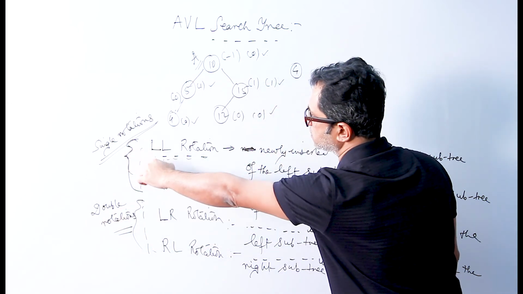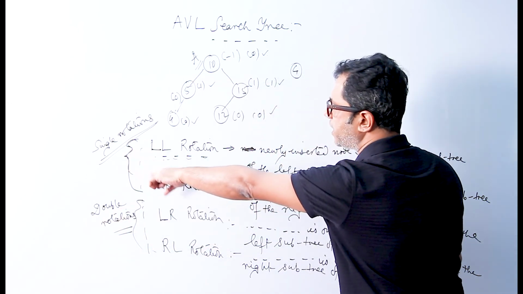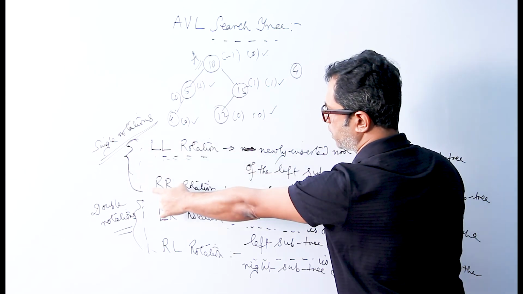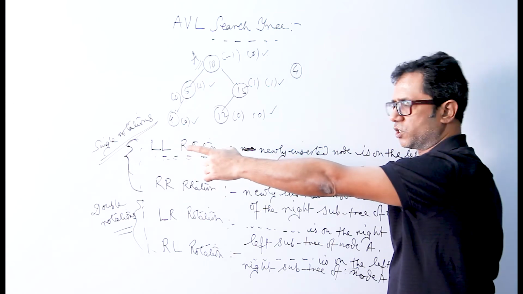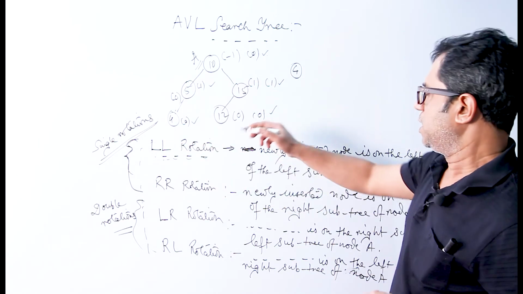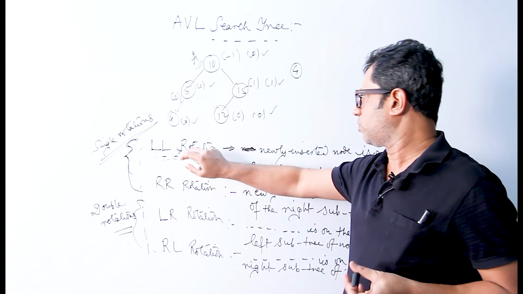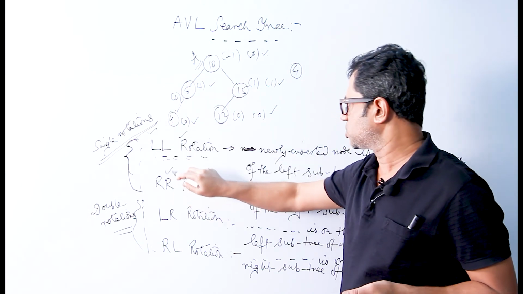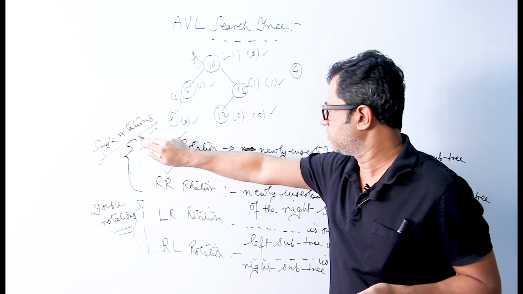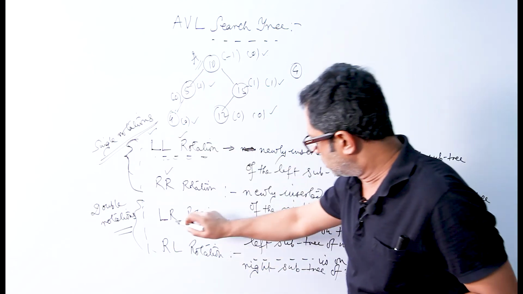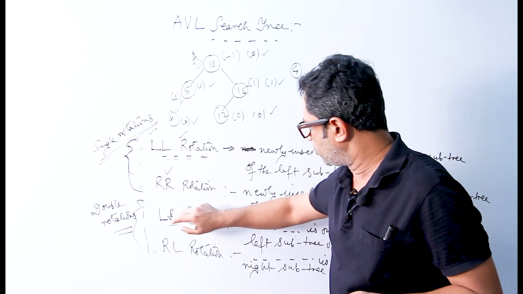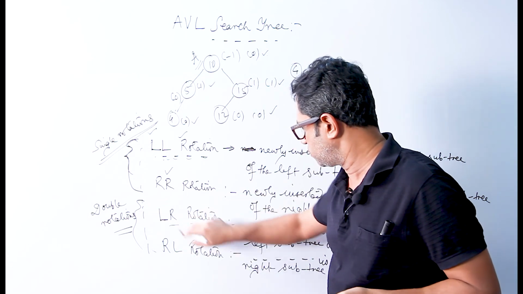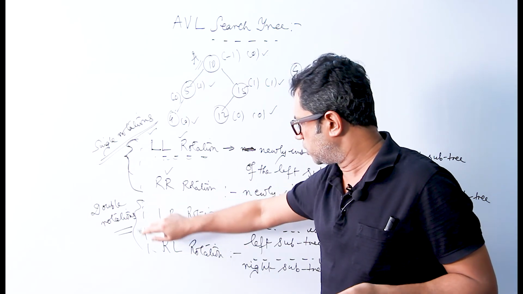LL and RR are single rotations because both have a one-step operation involved in them. A two-step operation is needed for LR rotation and for RL rotation, for which they are considered to be double rotations.